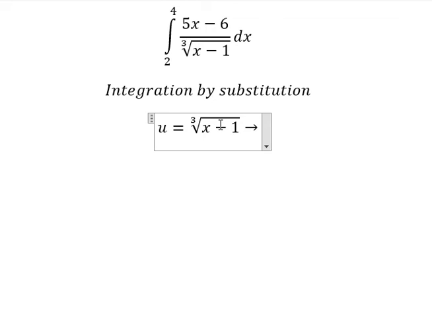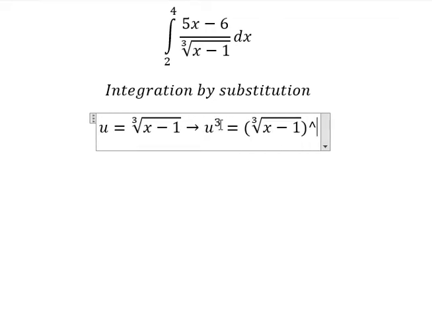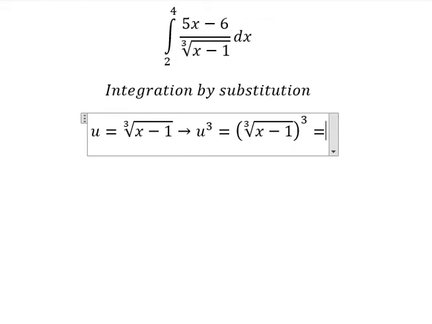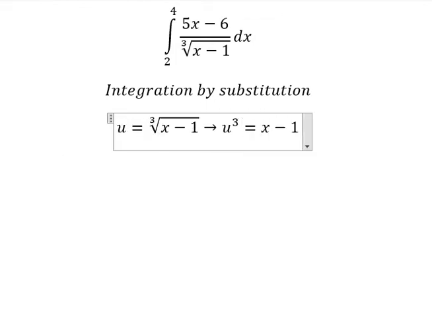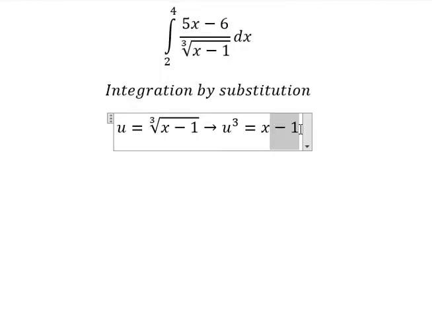So we put the power 3 on both sides to cancel the cube root, and you get s minus 1. Next, because we have s, I will move negative 1 to the left.